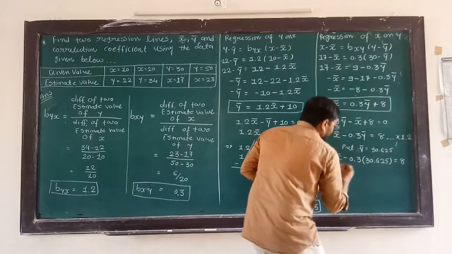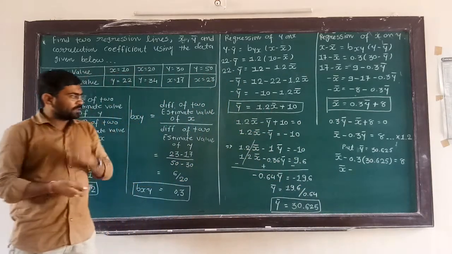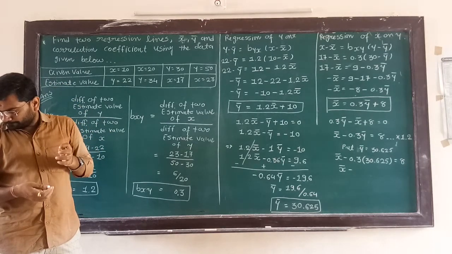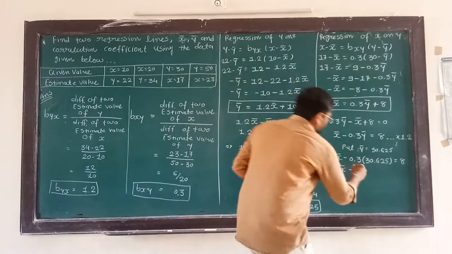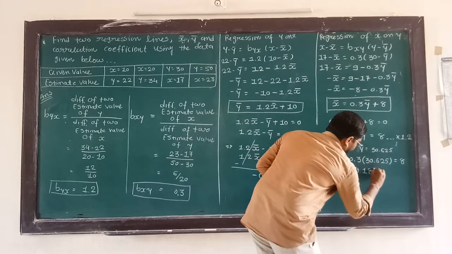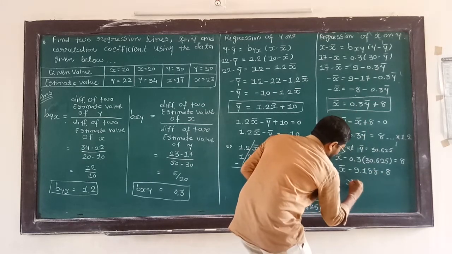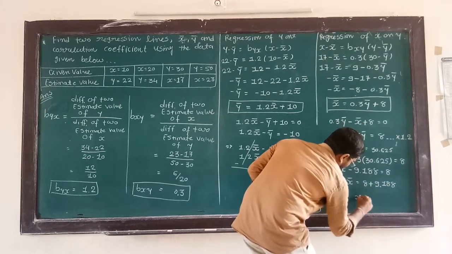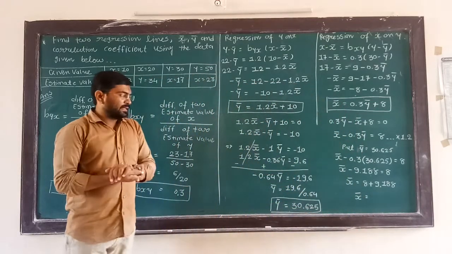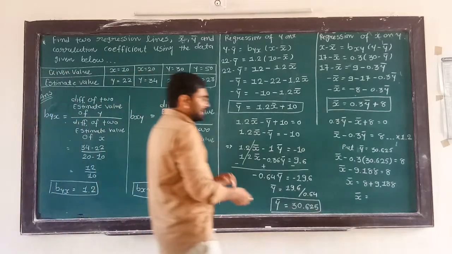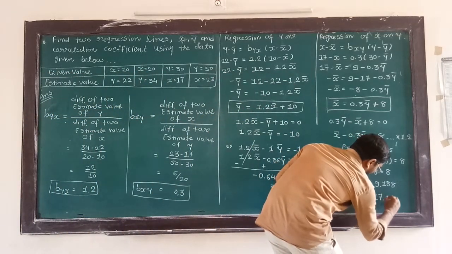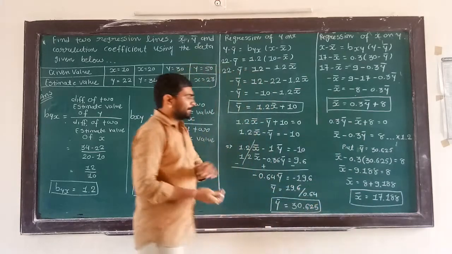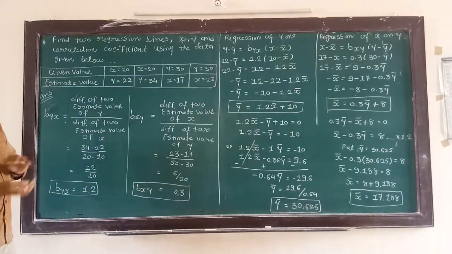X bar minus 9.188 is equal to 8. Now x bar is equal to 8 plus 9.188, which is 17.188. We got both x bar and y bar.